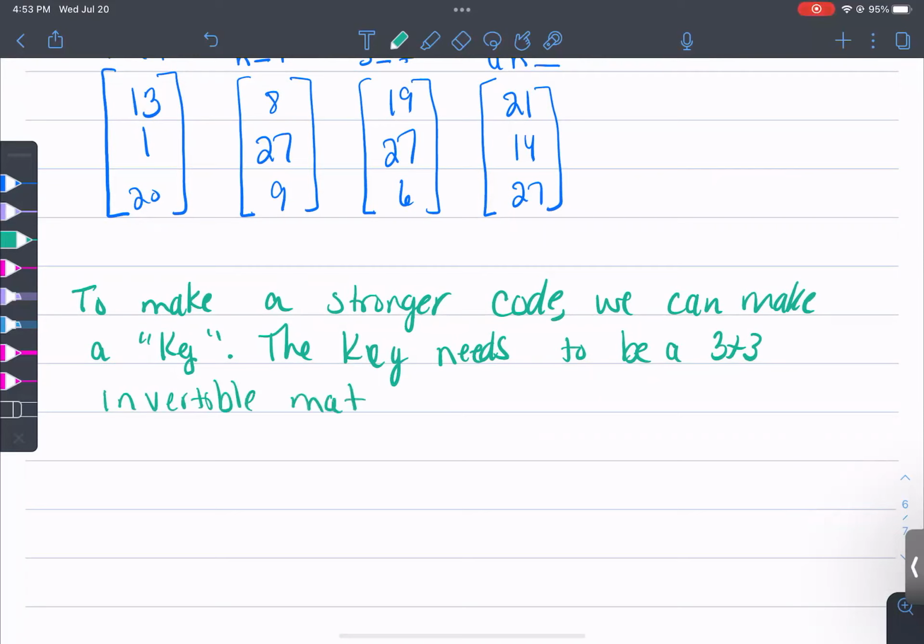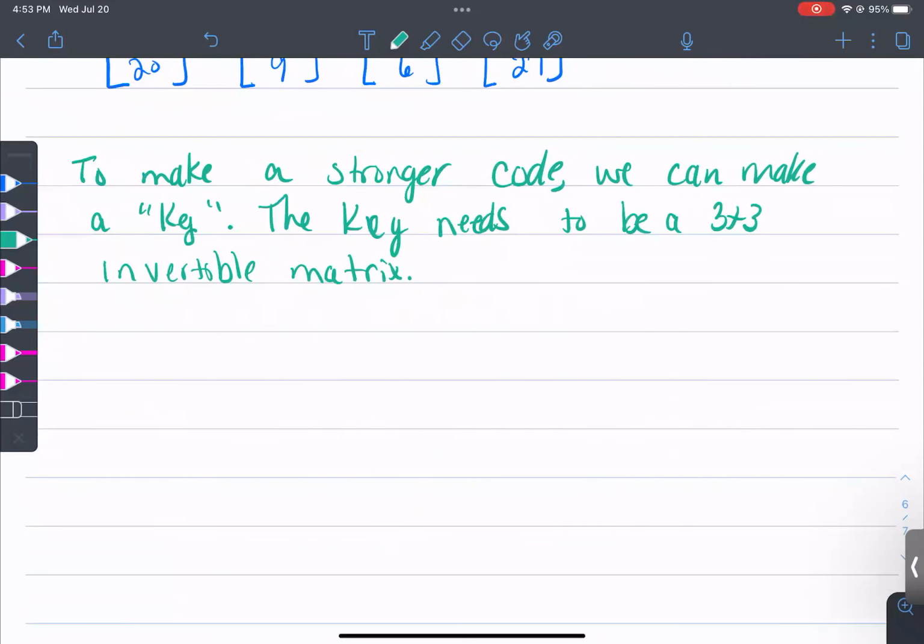Means it has to have an inverse. Okay, so I'm going to call this matrix M. It's going to be my key. My key is 1, 3, 3 for the first row, 1, 4, 3, 1, 3, 4.